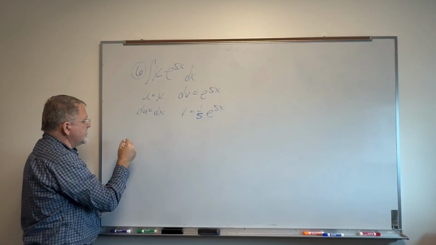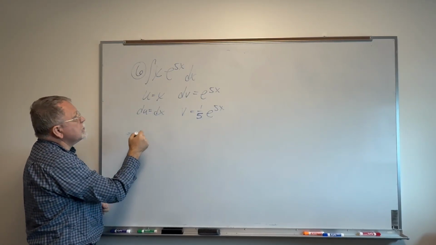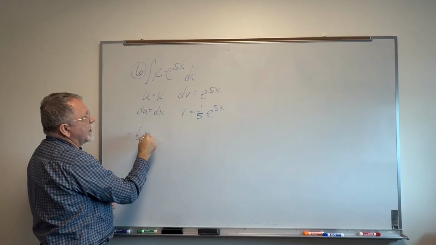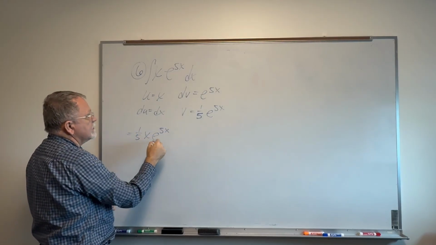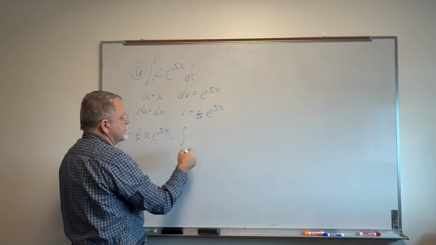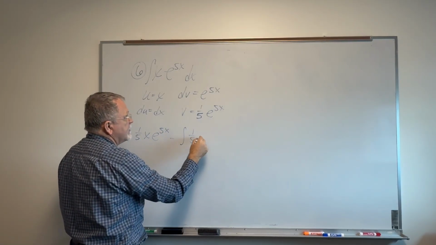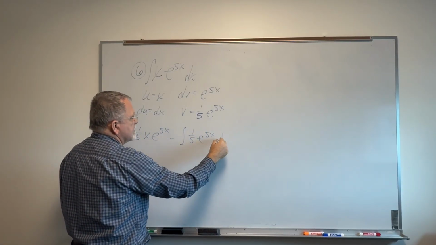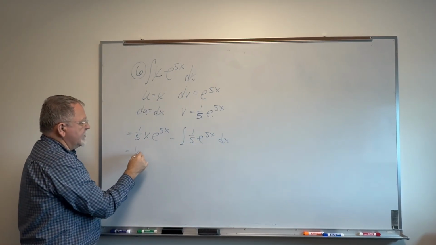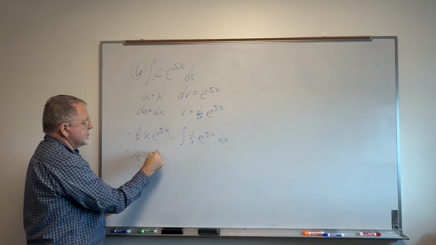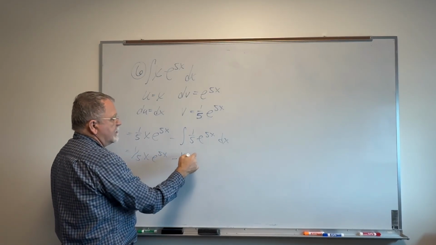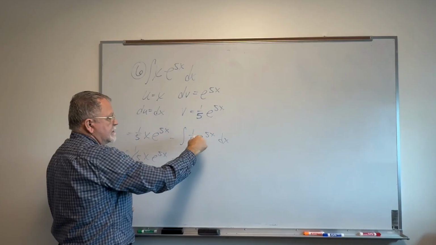So that integral up top is equal to u times v. So that will be 1/5 x e to the 5x minus the integral of v du. So that's 1/5 e to the 5x dx. All right, what function has this as its derivative?